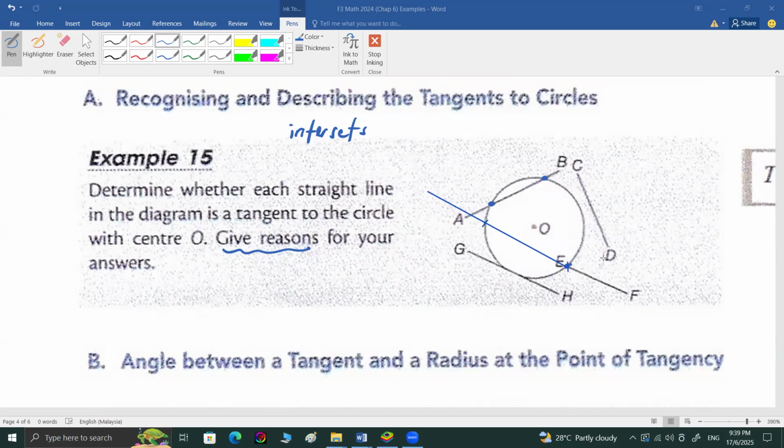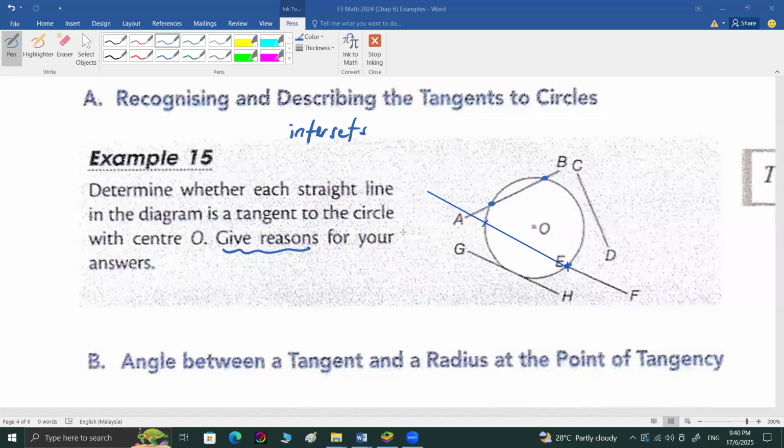So I repeat, EF, you say that no, it cuts through the circle at 1 point and will cut through 2 points if extended. If extended, it will cut 2 points. GH, we say yes.